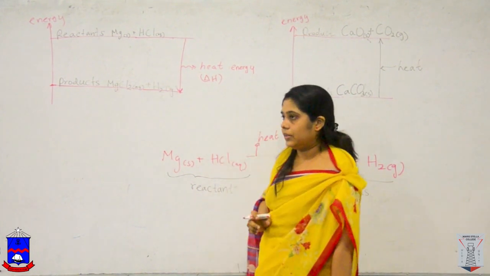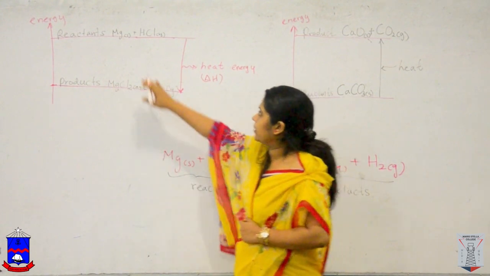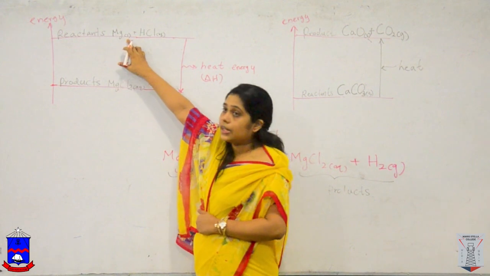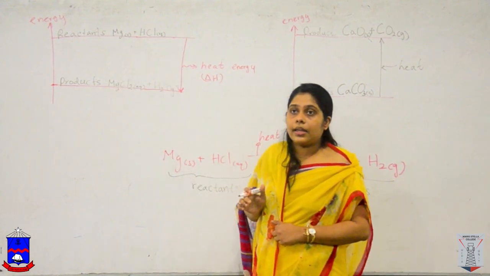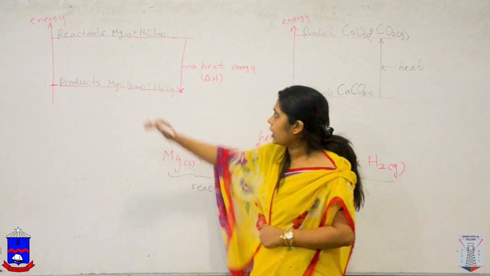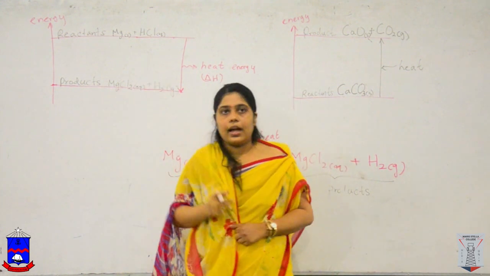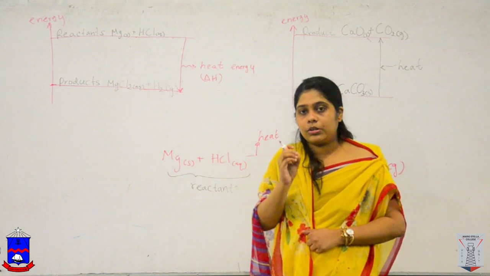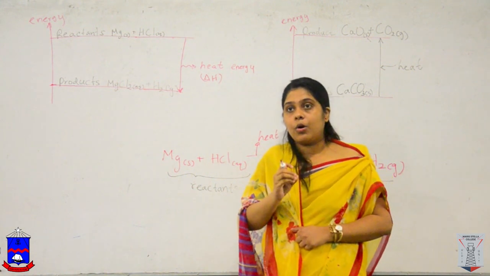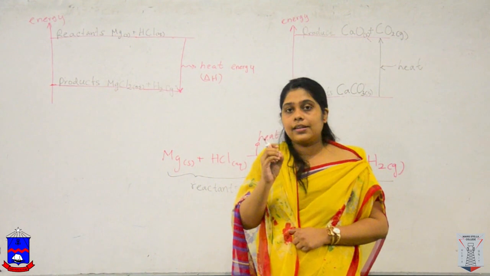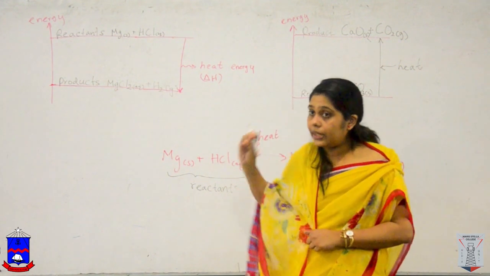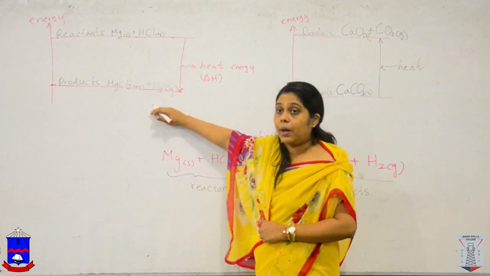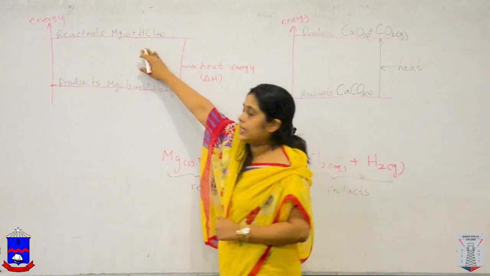Another important thing: when you write these reactants, it is necessary to write the physical state of each chemical. I think I told you in grade 10 that it is not very important at that level to write the physical state every time, but here it is very important, and it is a must to write the physical state.